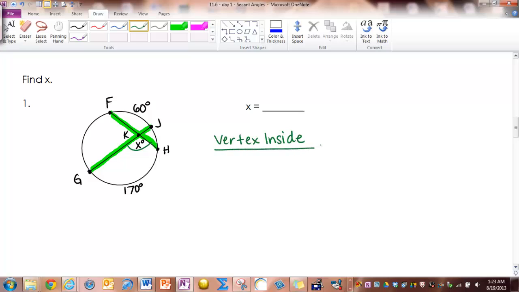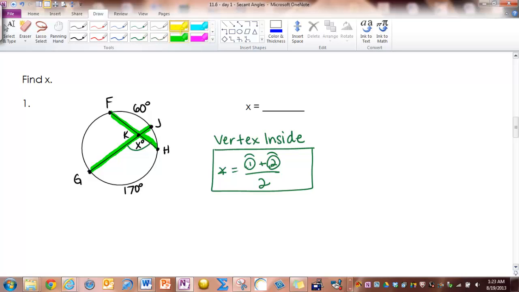Whenever our vertex is inside the circle, we're going to be using the formula angle equals arc number 1 plus arc number 2 divided by 2. Arc number 1 is going to be our angle's intercepted arc. So in this situation, our angle's intercepted arc is going to be this 170.